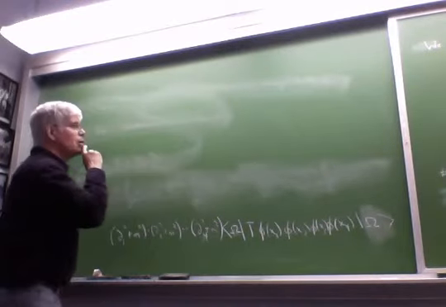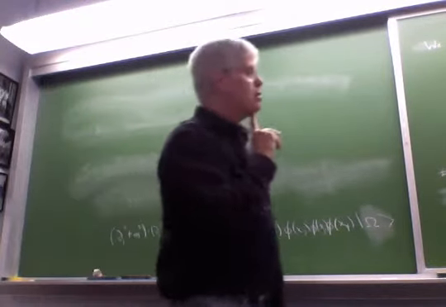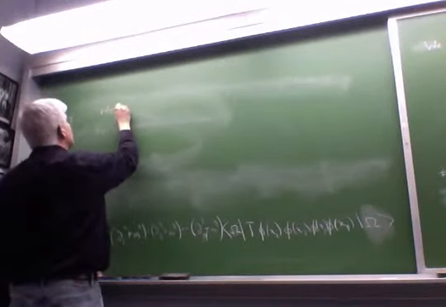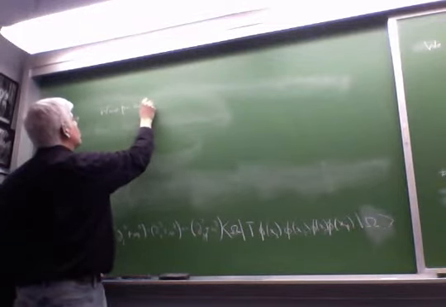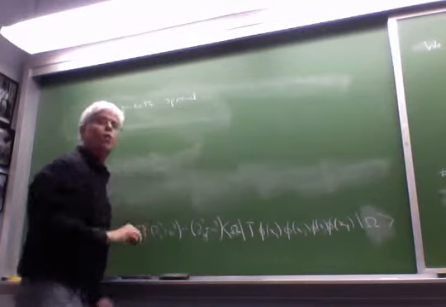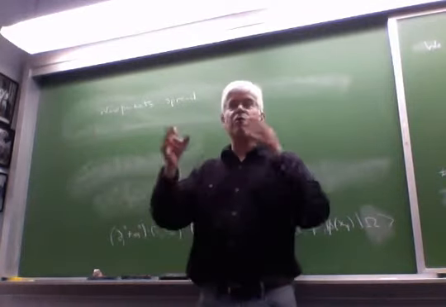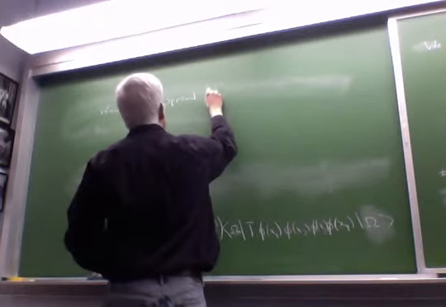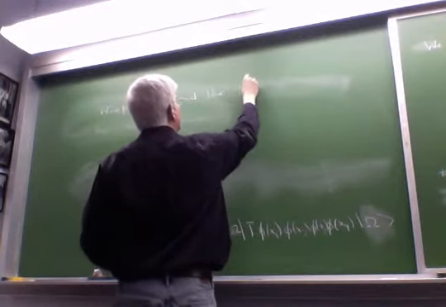Essentially, these wave packets spread with time, as you know. The width of the wave packet, as you evolve it in time, spreads like, anybody remember? In general, it's t to the 1/2.